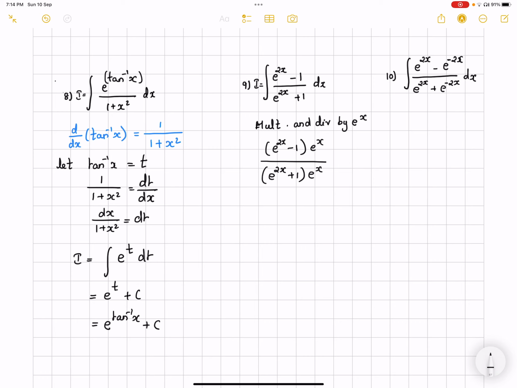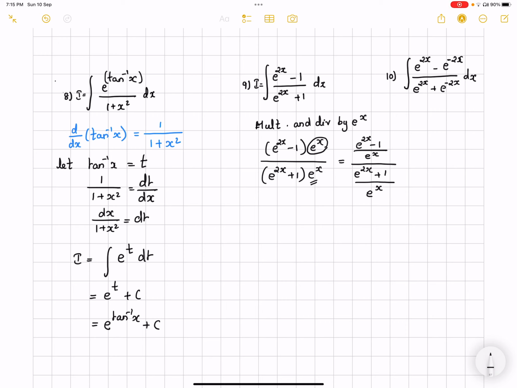Now, this e to the power x, which is there in the denominator, I'm writing it as e to the power 2x minus 1 divided by e to the power x. And this e to the power 2x plus 1, the denominator's denominator will become a numerator. I would have told that many times.